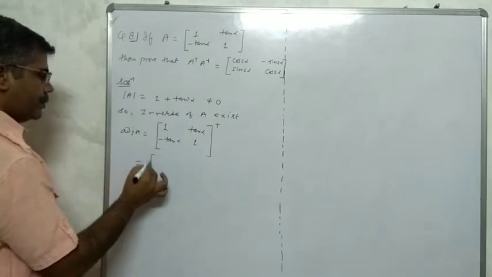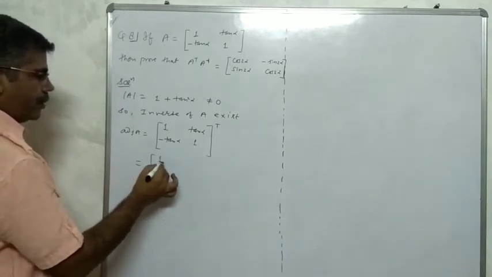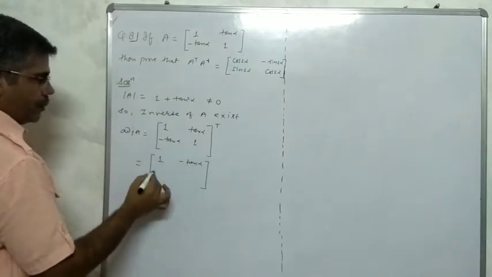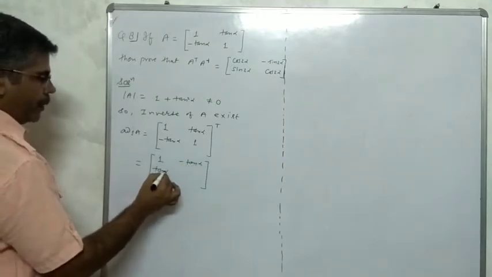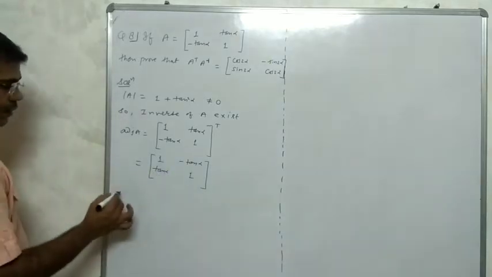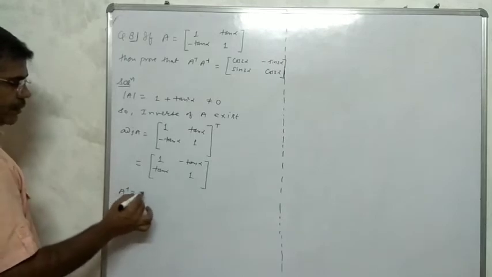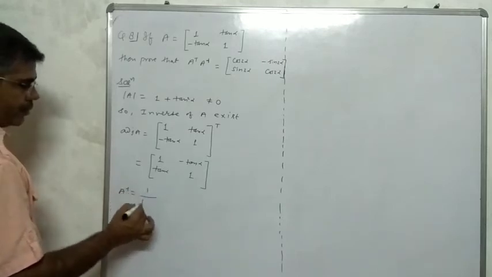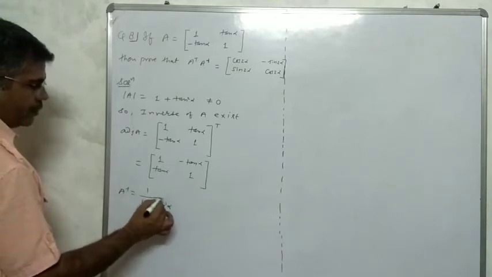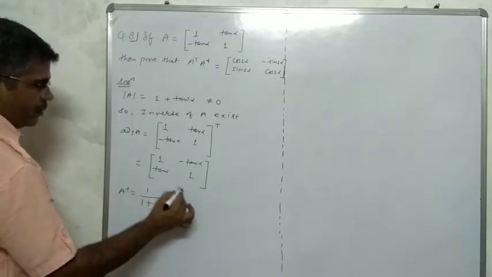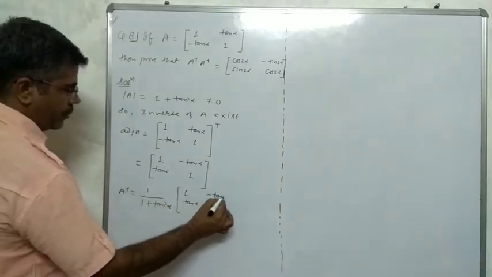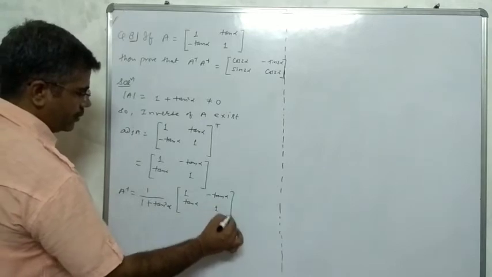On transpose, we get [1, minus tan alpha; tan alpha, 1]. So A inverse is given by 1 upon 1 plus tan square alpha times [1, tan alpha; minus tan alpha, 1].